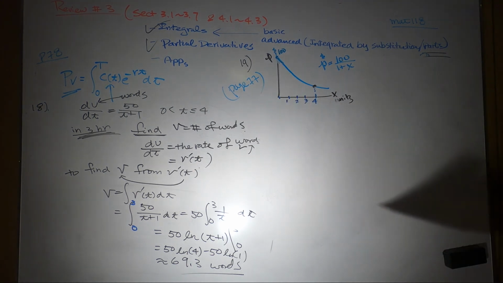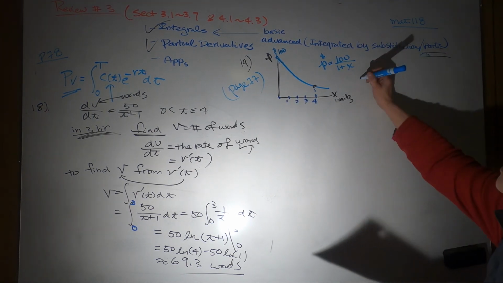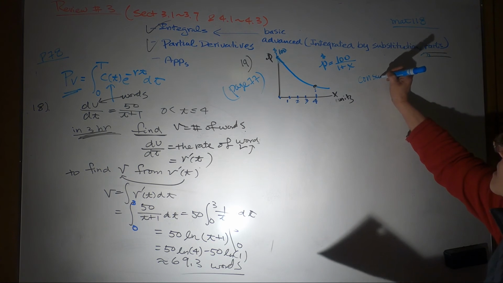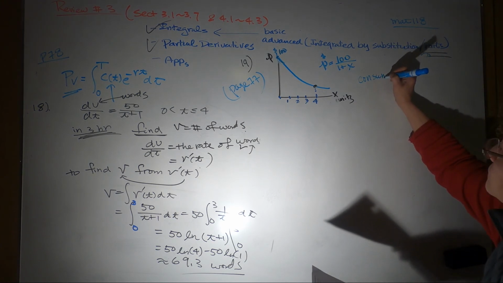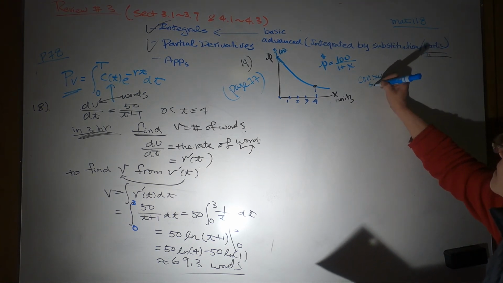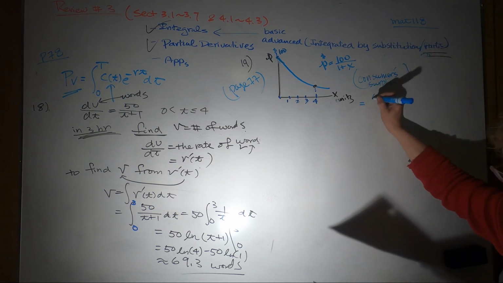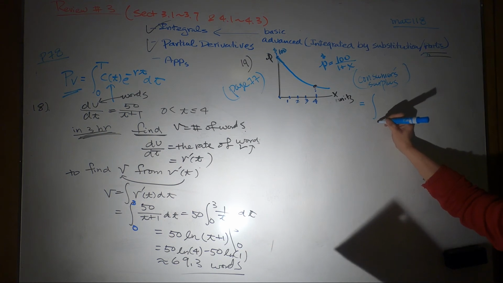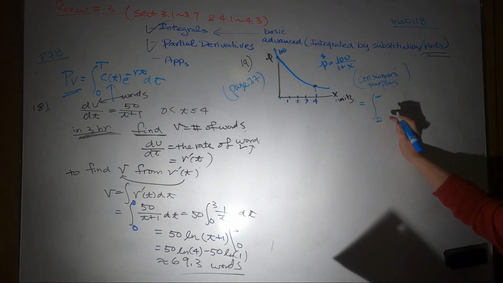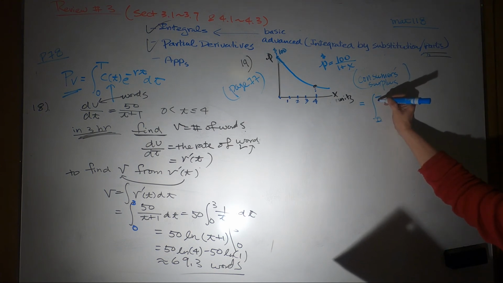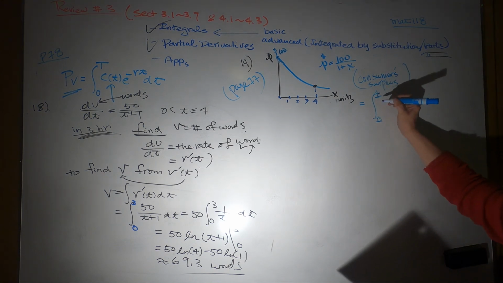Then we say consumer surplus. Look at your page 77. Consumer surplus will be calculated how? From 0 to the balance point quantity, right? Quantity is 4.